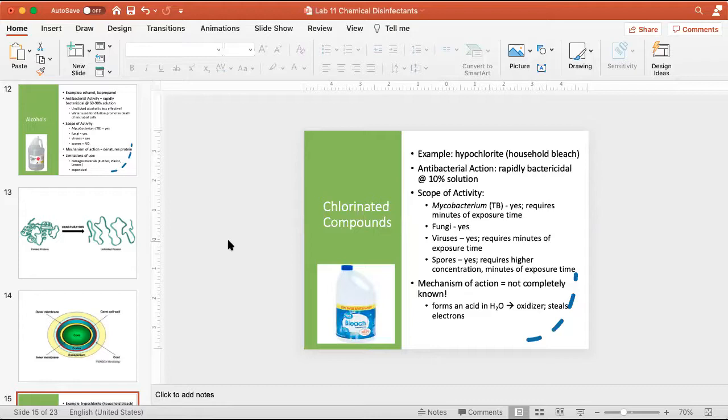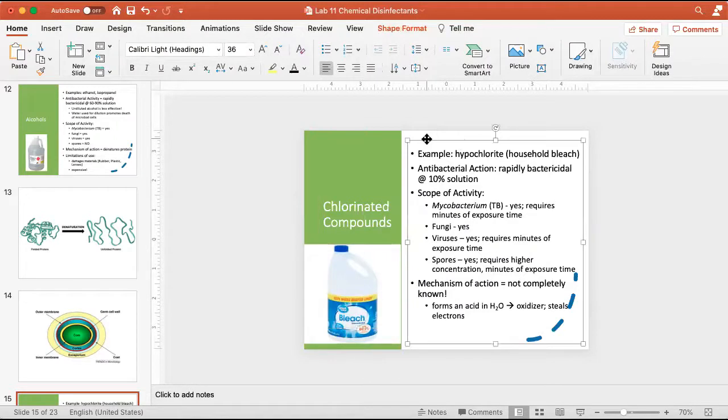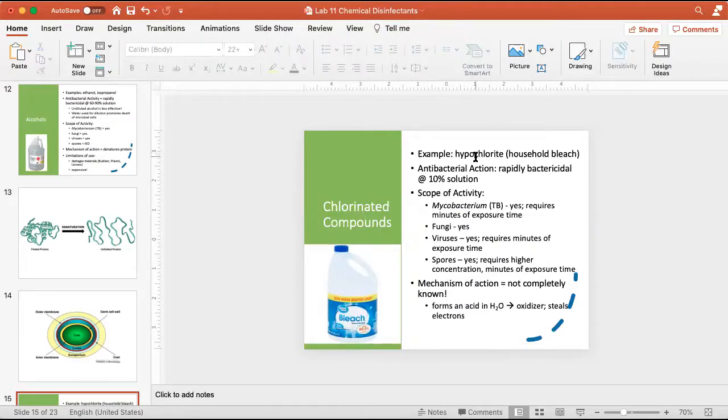All right, so those are the alcohols. Next on the list are the chlorinated compounds. I told you to think about bleach, because that's essentially what we're talking about. What bleach is technically is a molecule called hypochlorite. Bleach is a very common product used in households as a cleaning agent, a whitening agent, and a disinfectant.